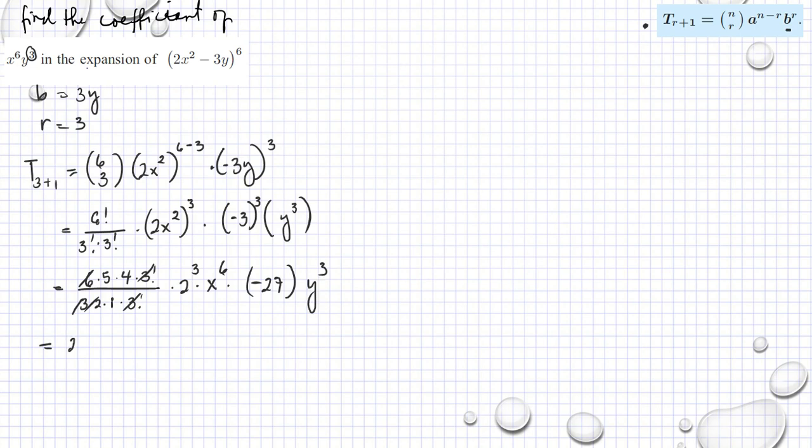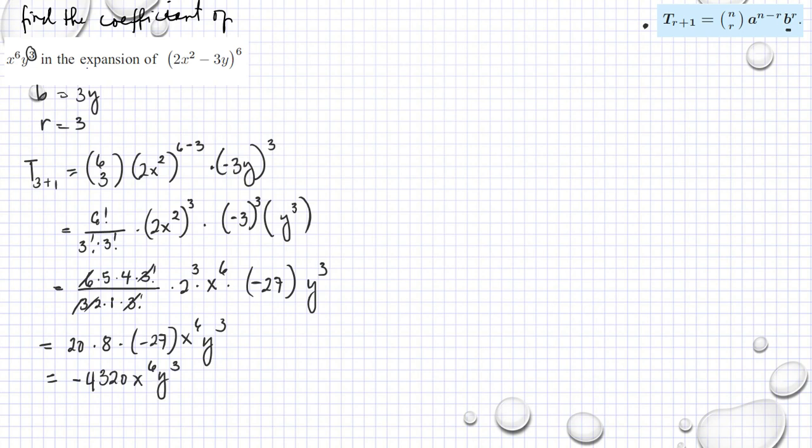Then we have 20 multiplied by 8 multiplied by negative 27 x raised to 6 y raised to 3. And then 160 multiplied by 27, that is negative 4,320 x raised to 6 y raised to 3.